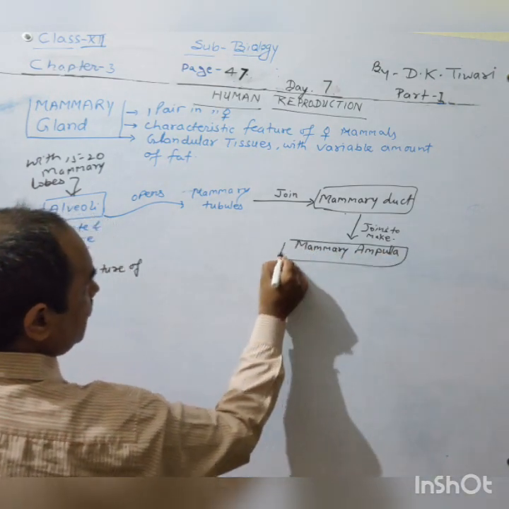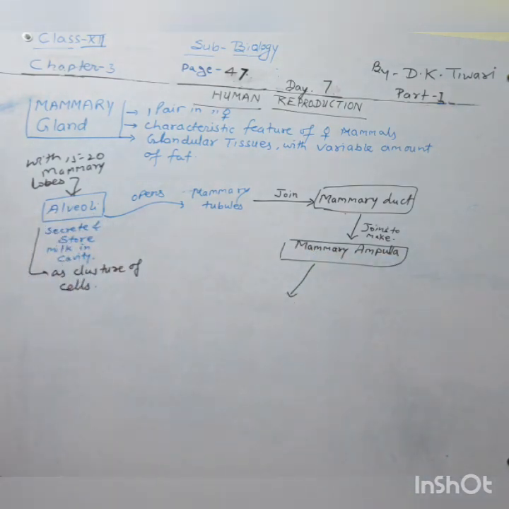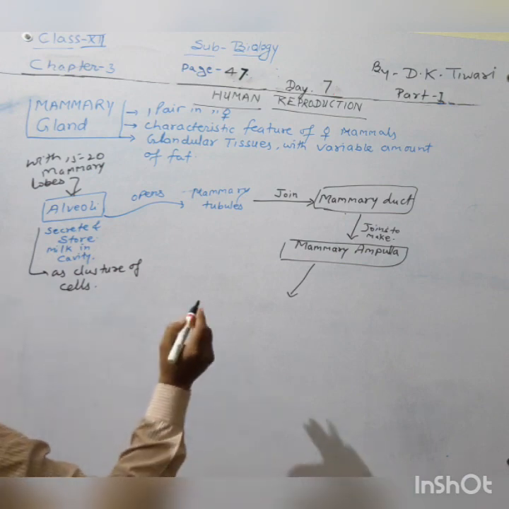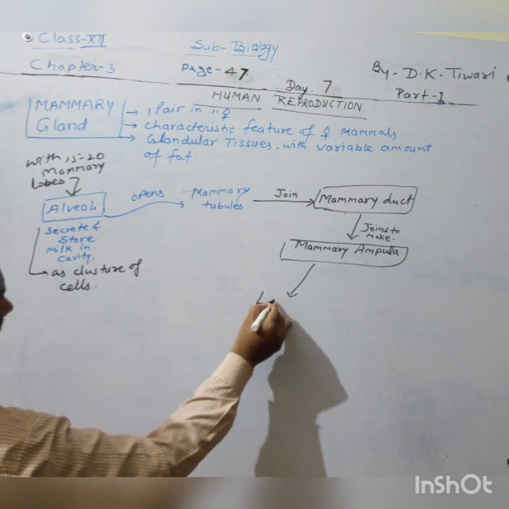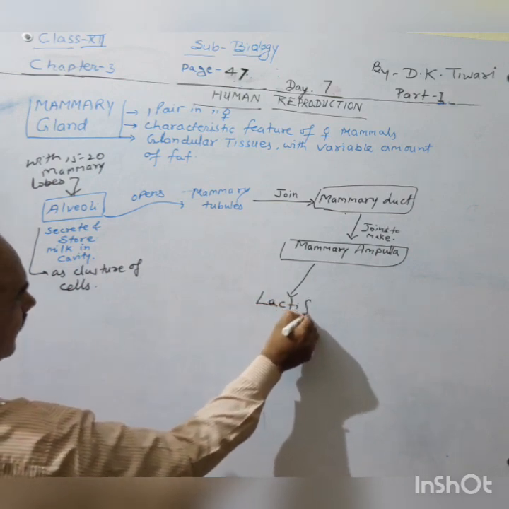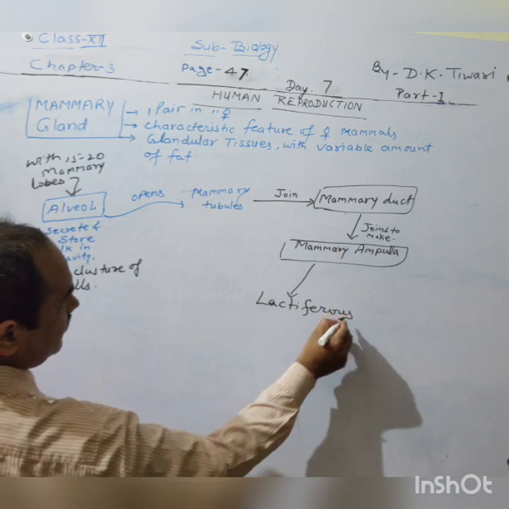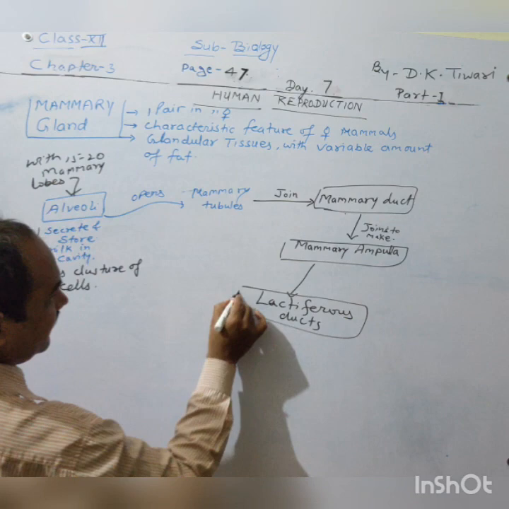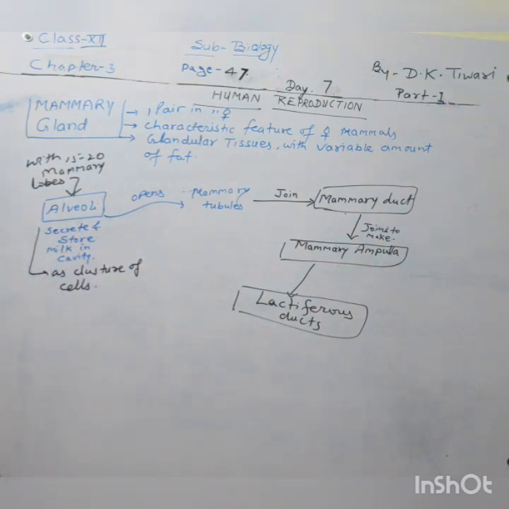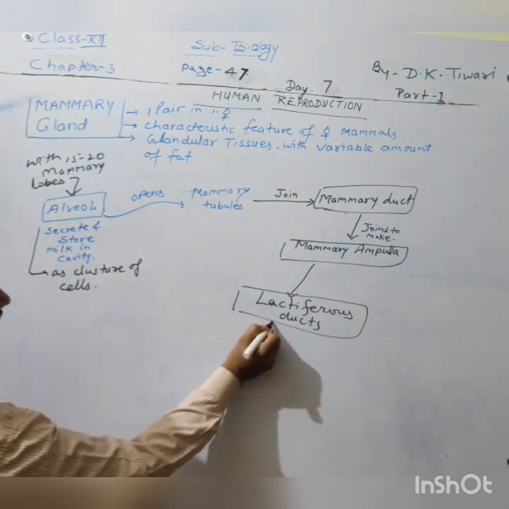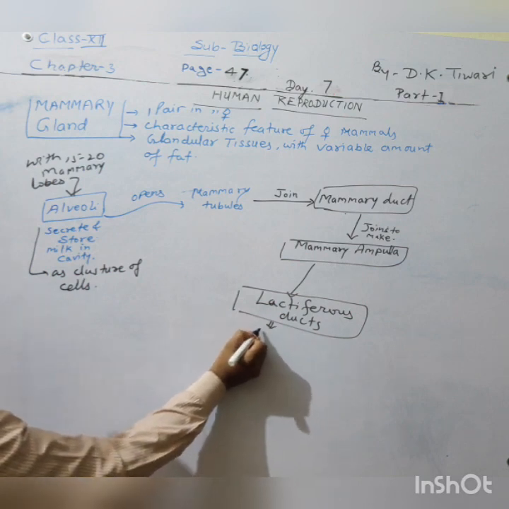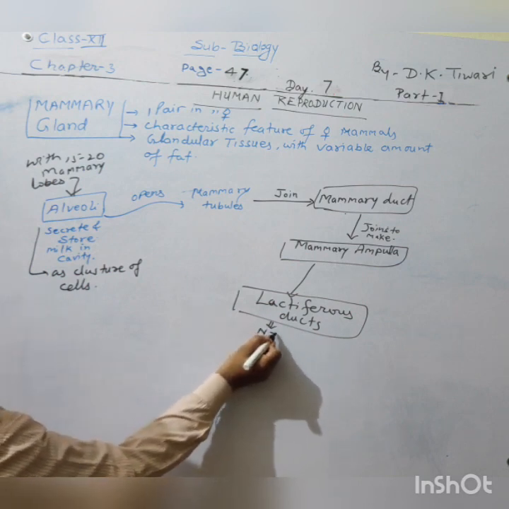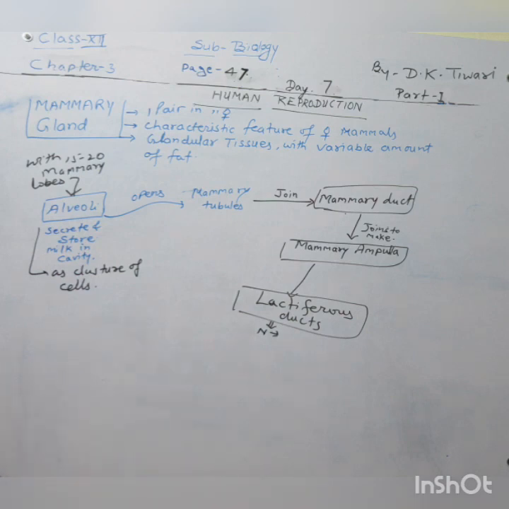Finally, the mammary ampulla moves forward and connects to make the lactiferous ducts, and these lactiferous ducts are finally connected to the nipple, from where the milk is suckled out by the baby.